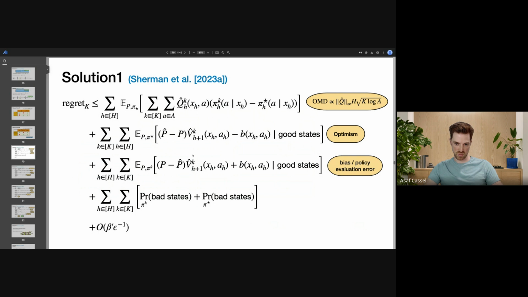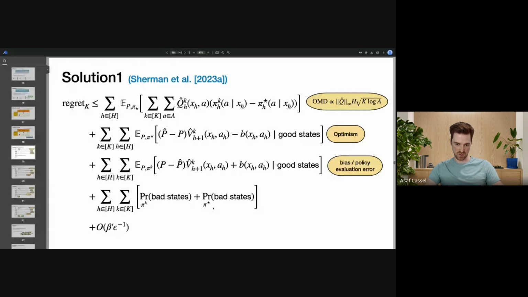Again, for the bias as well, the bias will work just like the previous analysis that I showed. But what you will pay for this is that the other part of the total expectation is the probability that you're in a bad state. So from the bias term, you would get the probability with respect to playing pi k, and from the optimism term, you would get the probability with respect to playing pi star.